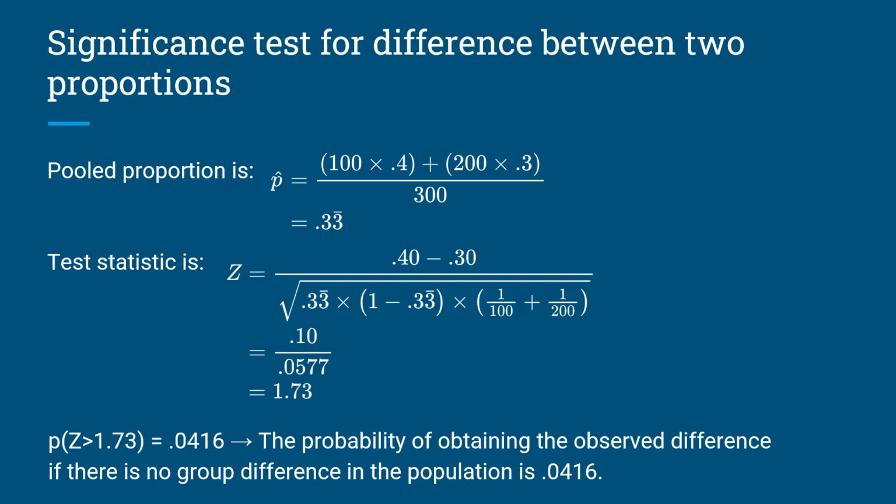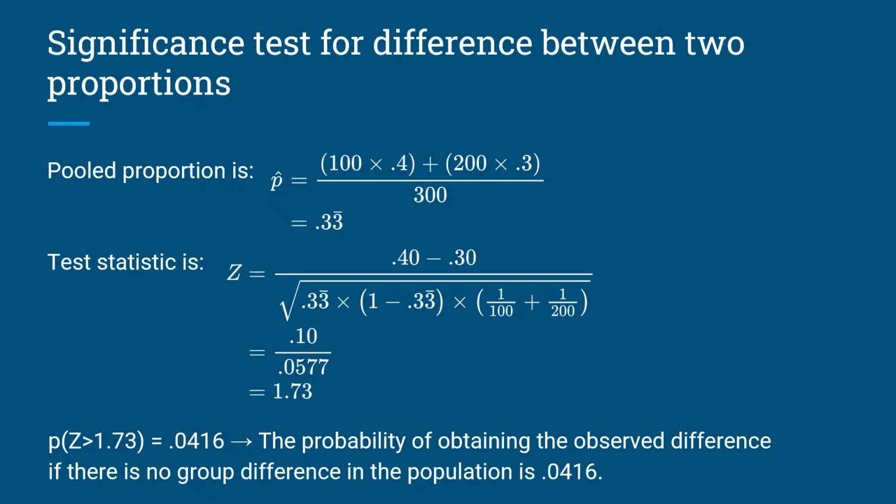So that means that the values of z above that point on the normal distribution occupy only 4.16% of all area under the standard normal distribution. And the probability of obtaining the observed difference of 0.10, if in fact there is no group difference in the population, is 0.0416.